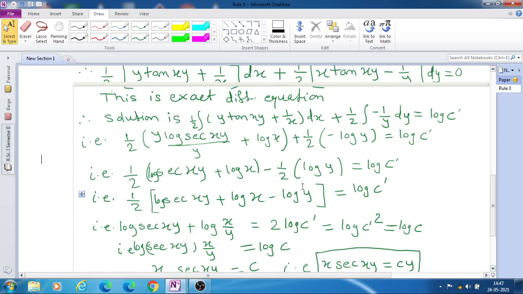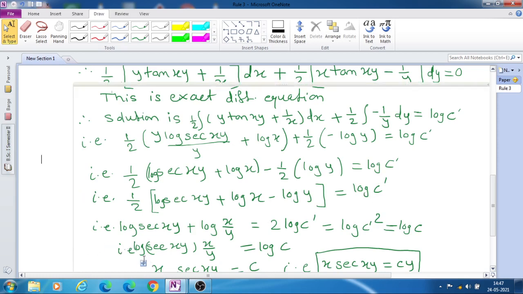So we merge these two brackets, 1/2 is taken common, therefore remains here log sec xy plus log x minus log y is equal to log c dash.